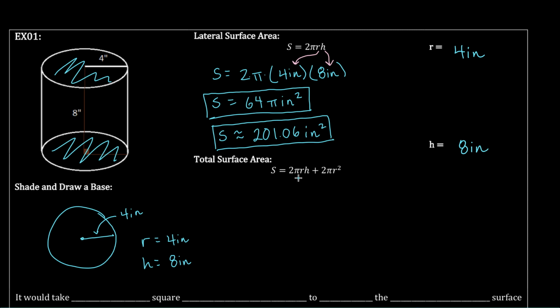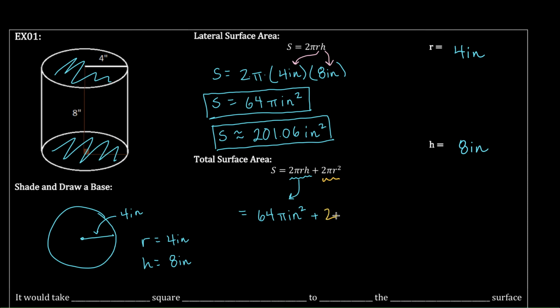Okay, so for this one right here, what I would do is use this one first. See how the lateral surface area is right here? I would use 2 pi r h equals, so I'm going to put 64 pi inches squared. And I will add, I'll change it up, orange.